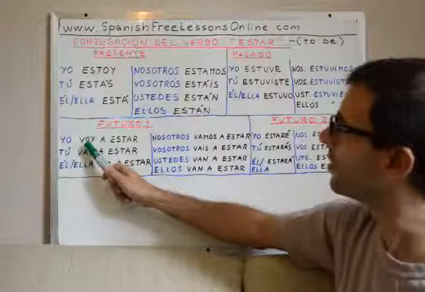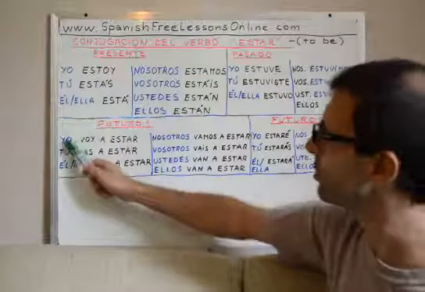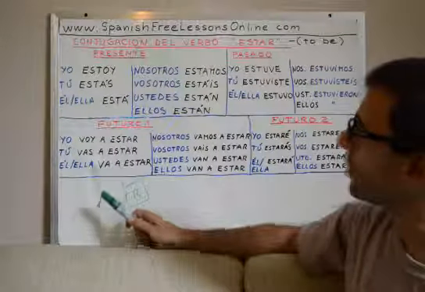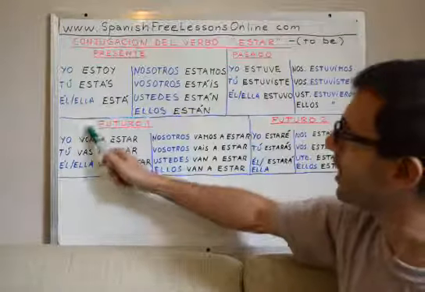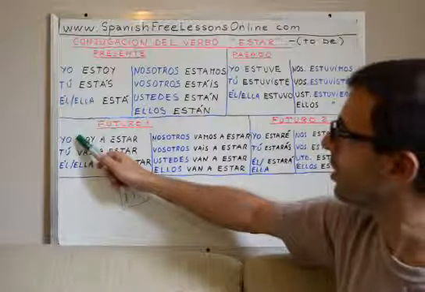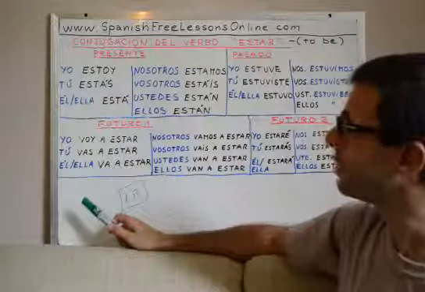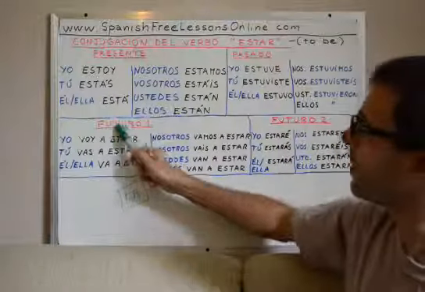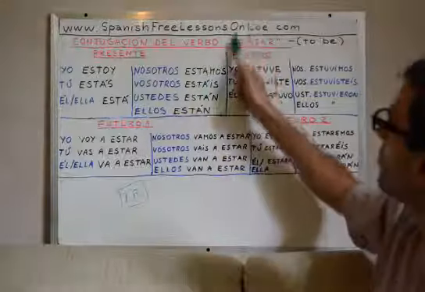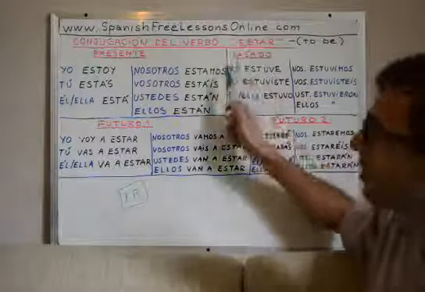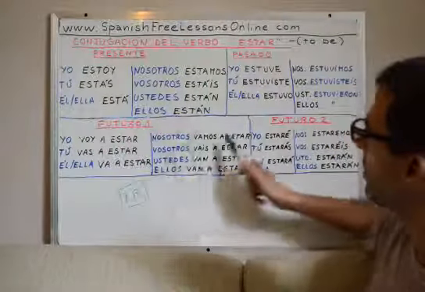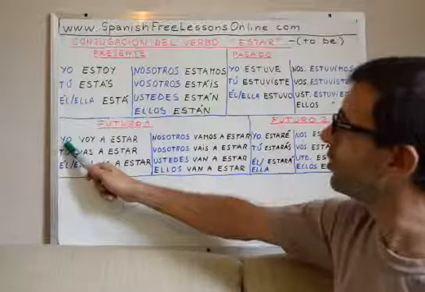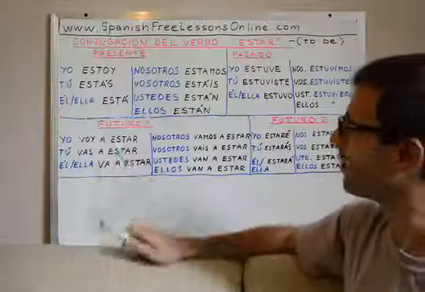So this is the structure for building the future. Yo voy a estar. As you can see, we conjugate the verb ir or to go, right? And later the verb that we are trying to conjugate, in this case estar, will go in the infinitive, okay?